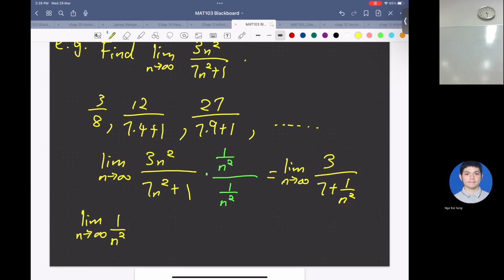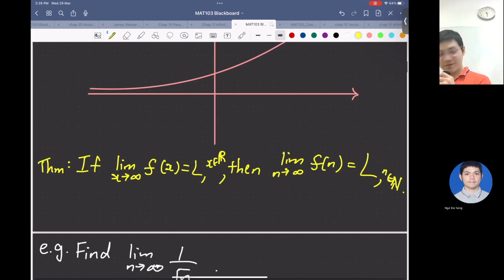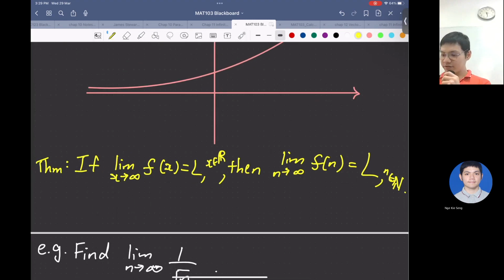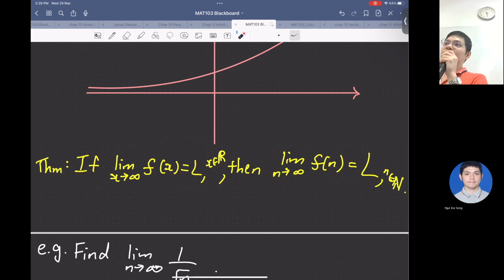Let me remind you. If you want to show some sequence converges to some limit, you just need to compute the limit for the real-valued function.